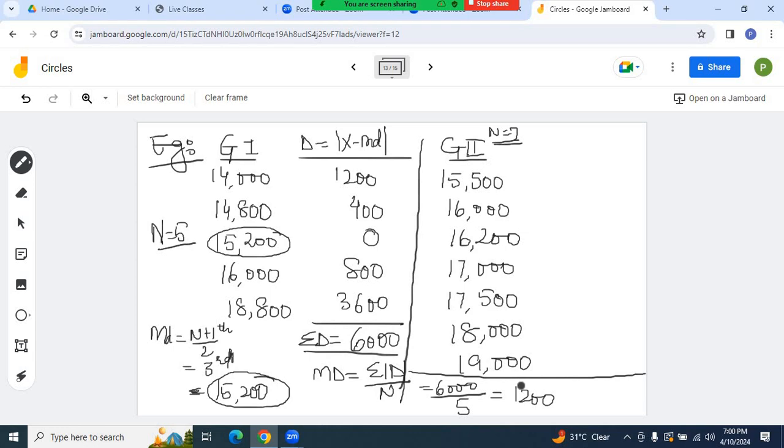So mean deviation of the first income group people is 1200.